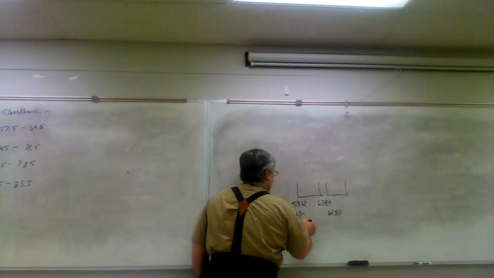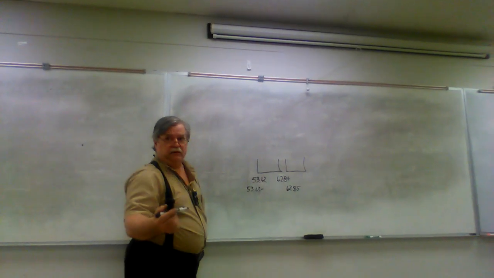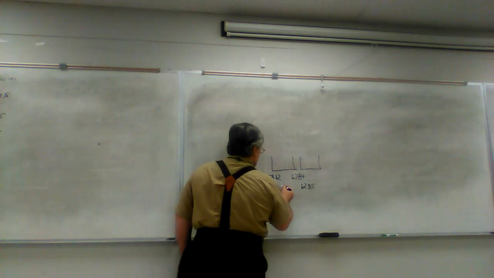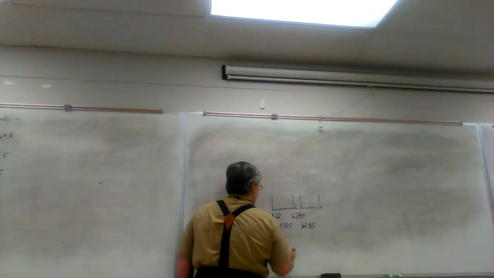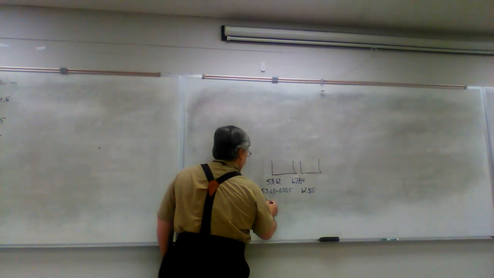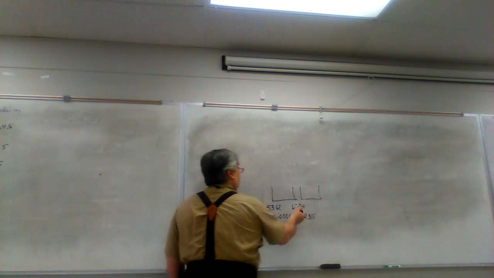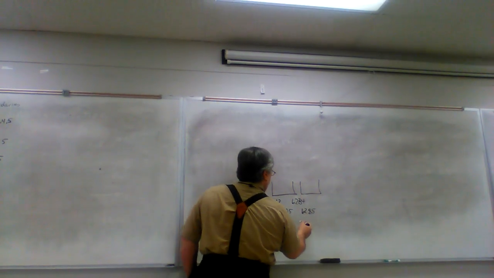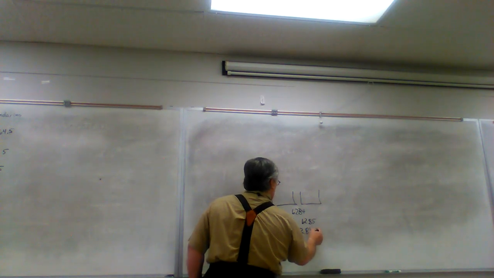53.62 minus one more decimal place of 5. So it'd be minus 0.005. That would bring it to 53.615. And the upper boundary would be 62.845.